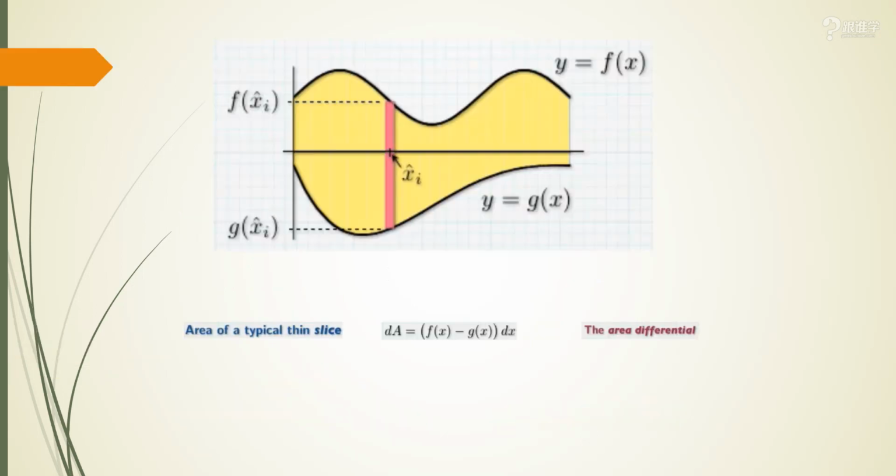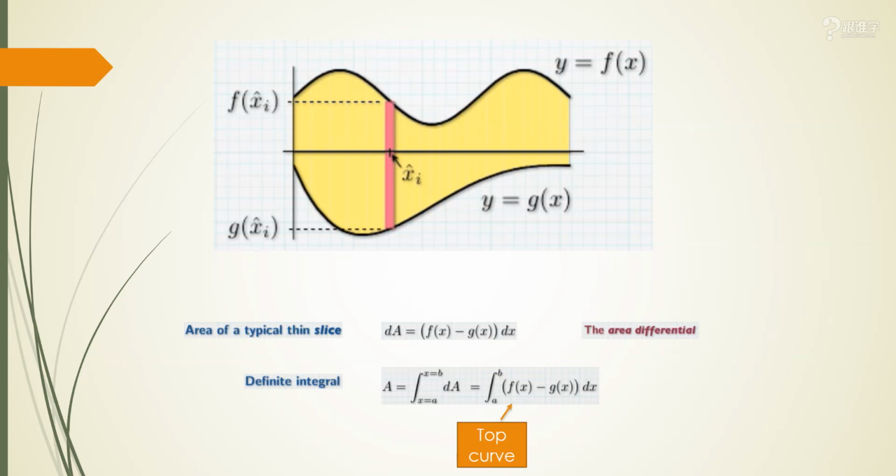Okay. During the previous lessons, we have already known that if you are given a graph of y equals f of x and the graph of y equals g of x, and you are required to calculate the area enclosed by the two graphs and the corresponding vertical lines, there is a routine.